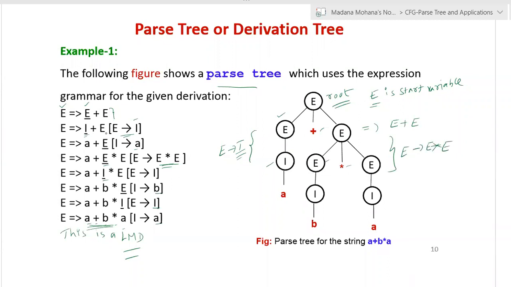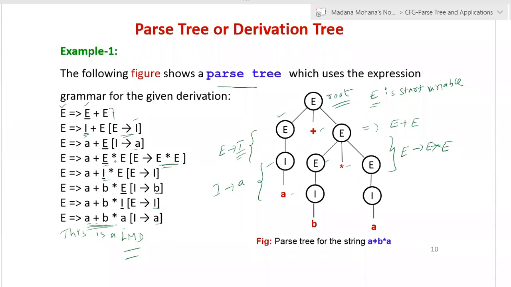Next step, the leftmost variable I is replaced by terminal a. This can be obtained from the production I derives a. Next, E is replaced by E into E. So here E into E are the children of E, all connected from left to right to its parent.